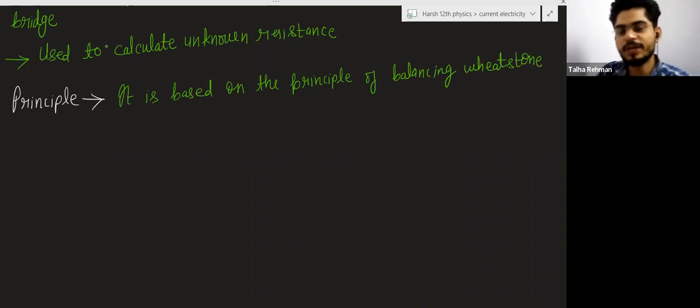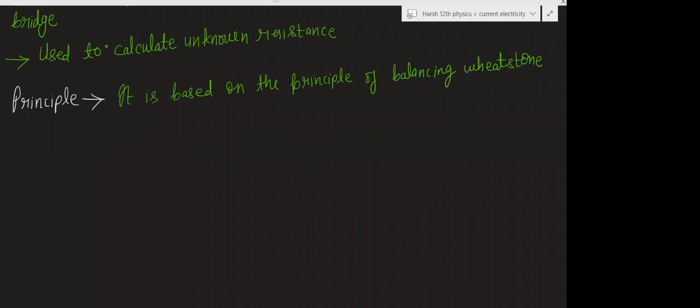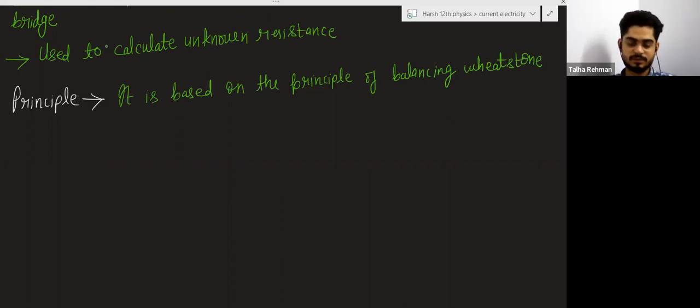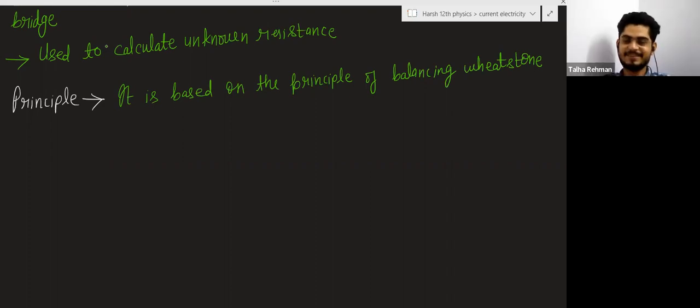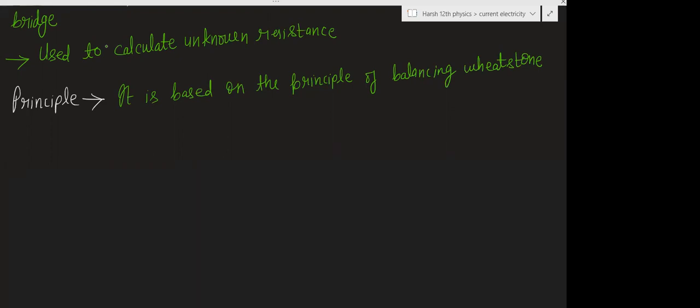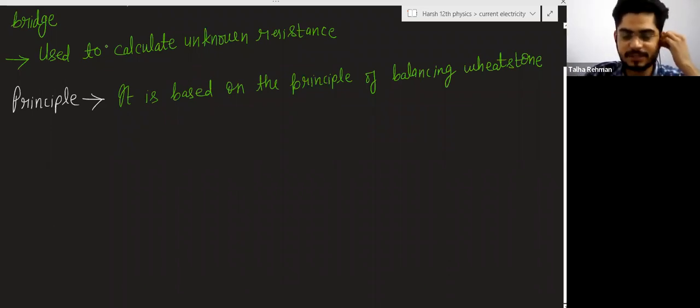What is the meaning of wheat in Hindi? Do you know? And what is the meaning of stone in Hindi? Tell me. I just forgot the names. Sir, what is the meaning of stone in Hindi? Sir, patthar. Yes, of course. Actually, this is not patthar.